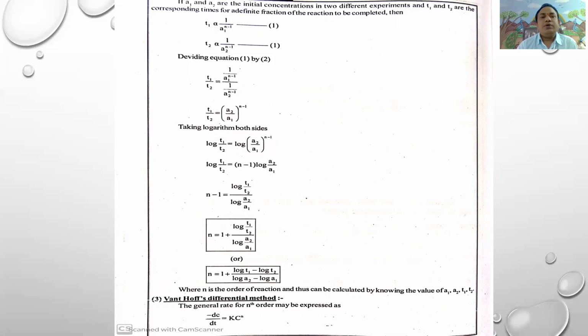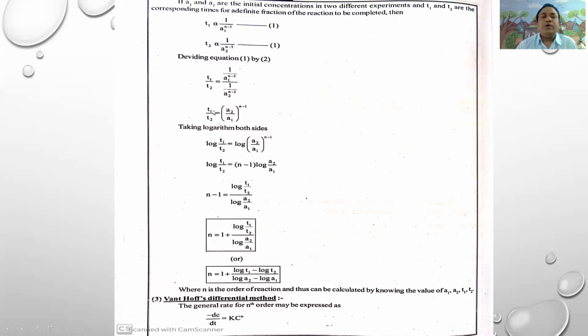Here, based on that equation, t1/2 is inversely proportional to A1 to the power of n minus 1, is equation number 1. Similarly, t2/2 is inversely proportional to A2 to the power of n minus 1, is equation number 2. Divide equation 1 by 2, that is t1/2 by t2/2 equals 1 by A1 to the power of n minus 1 by 1 by A2 to the power of n minus 1.